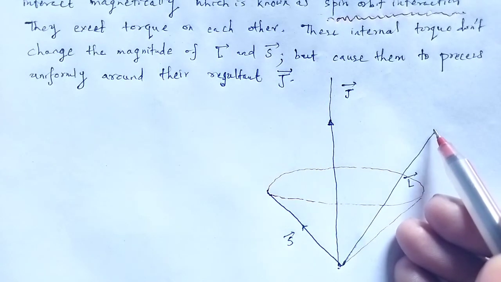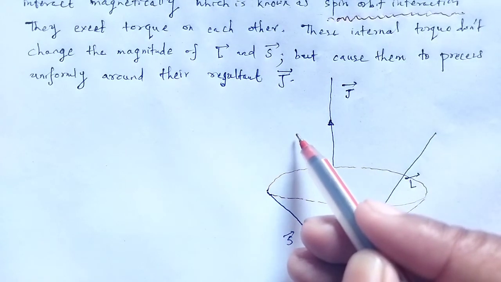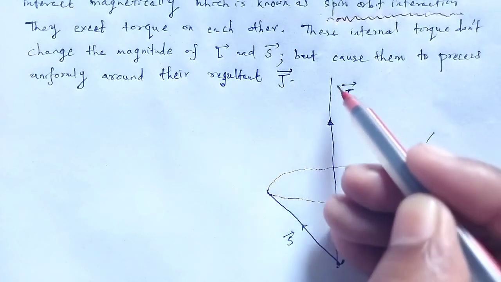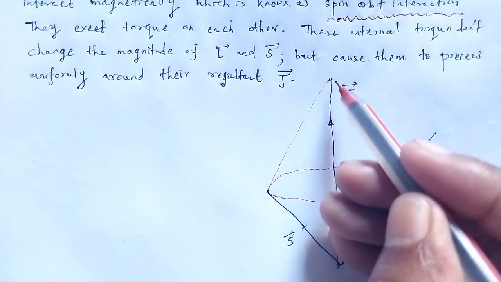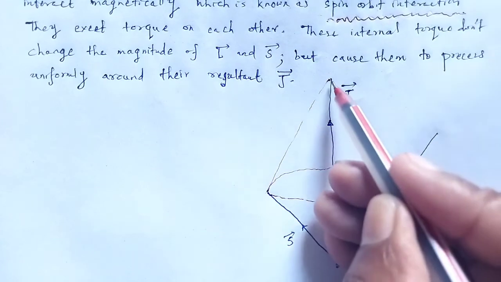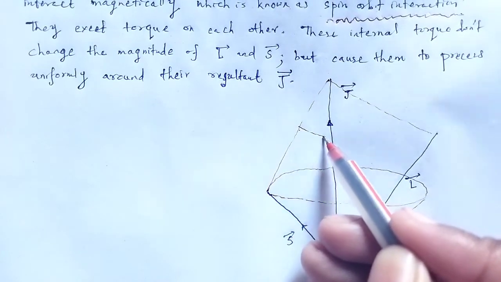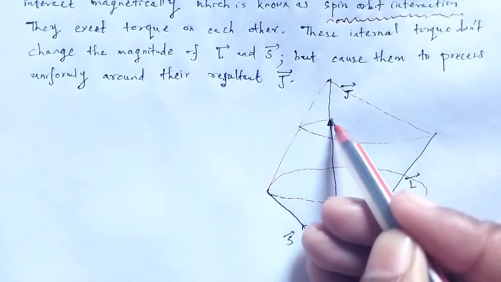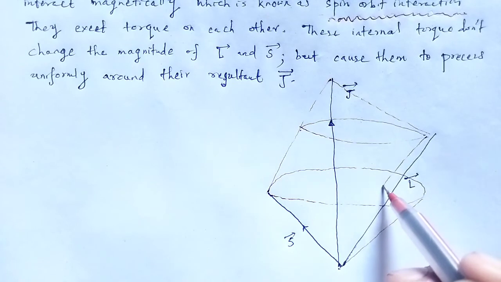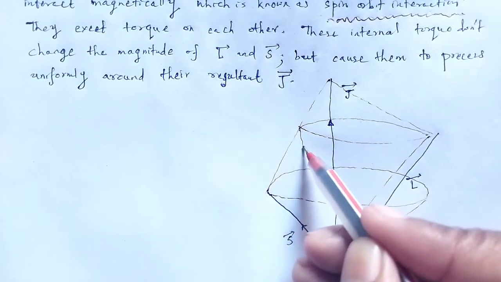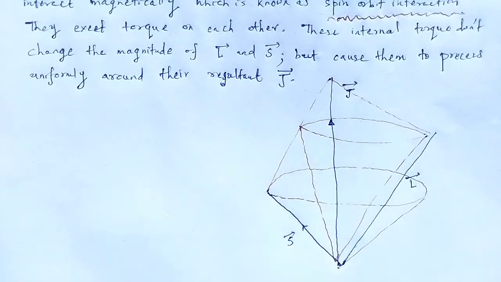Then what will the precession of L be? How does the precession take place here?